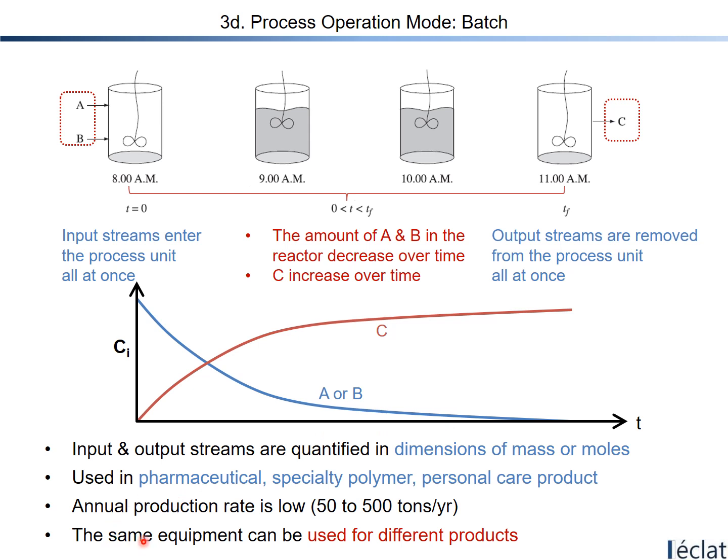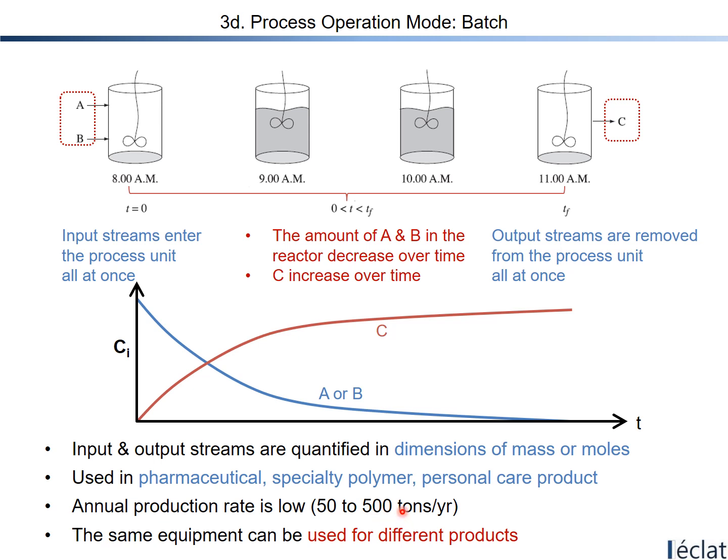This batch mode is used in pharmaceutical, specialty polymer, and personal care products. They are a little bit expensive products. And the bad thing of the batch mode is its low annual production rate, like from 50 to 500 tons per year, very low.